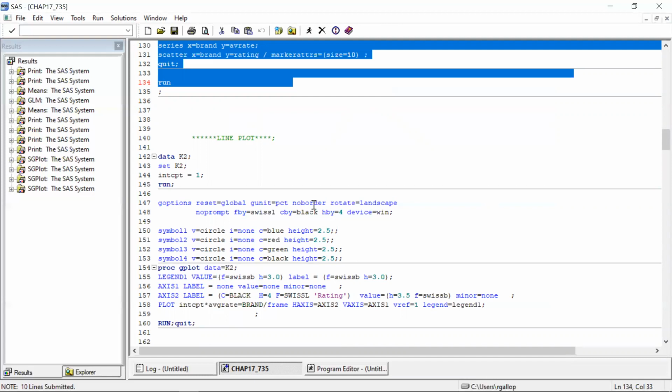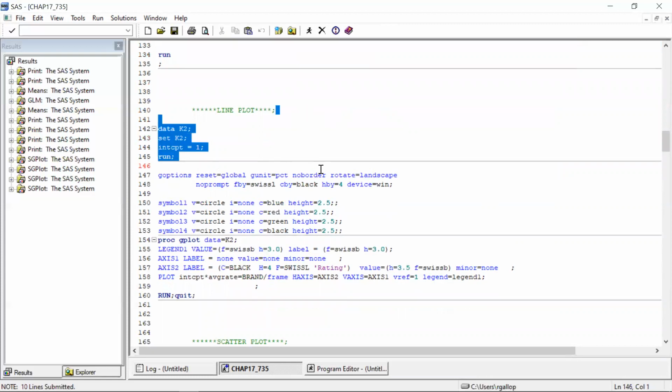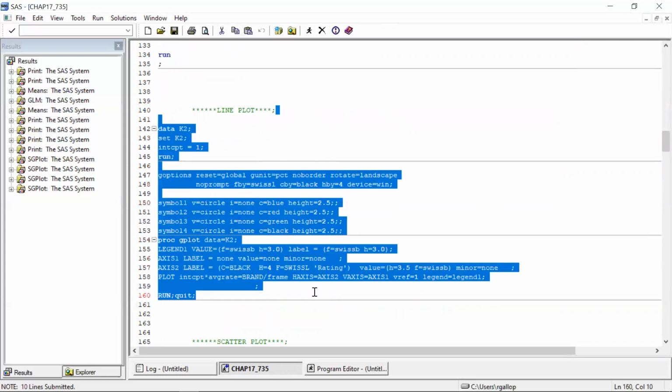This isn't really getting into teaching you SAS programming, but the idea is I'm leaving you templates that you can use for your own data if needed.